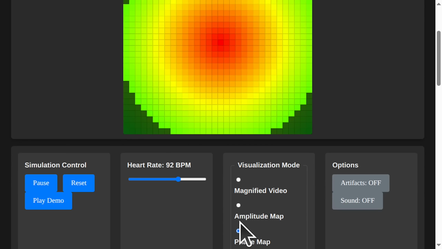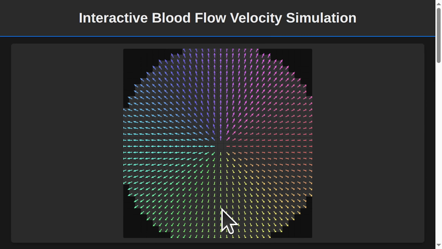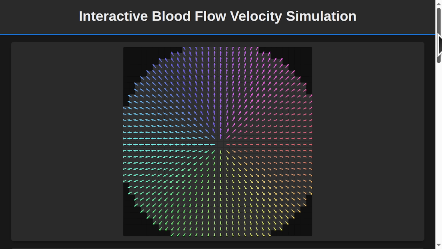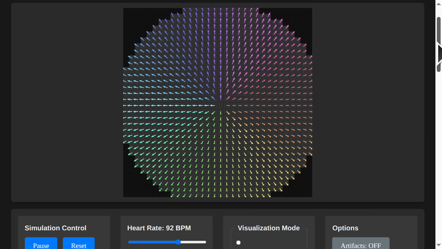Click velocity field. Arrows. It's waves for my arteries. It's literally showing the direction the blood is going. Yup. By calculating the gradient of the phase map, basically looking at how fast the wave is moving between two points and in what direction, we can generate a 2D vector field of the blood flow.